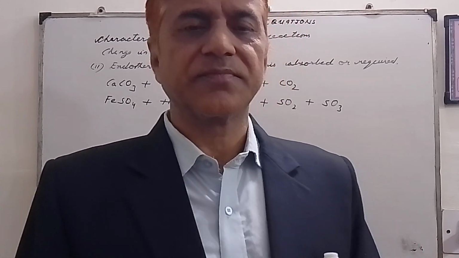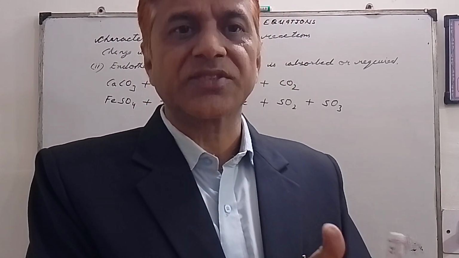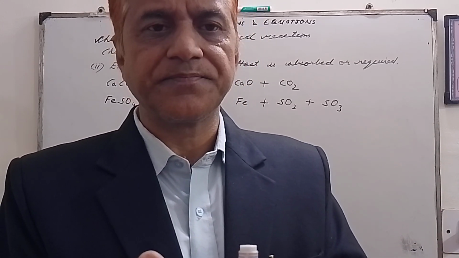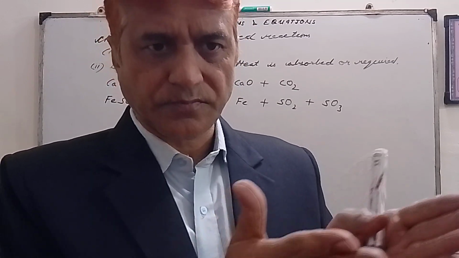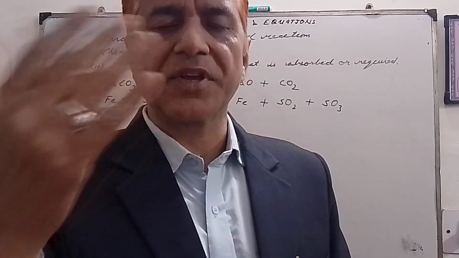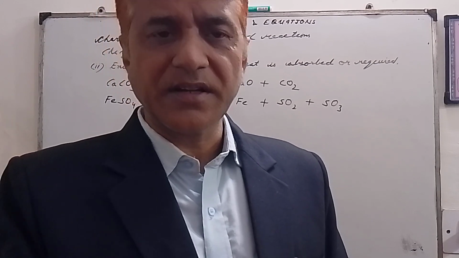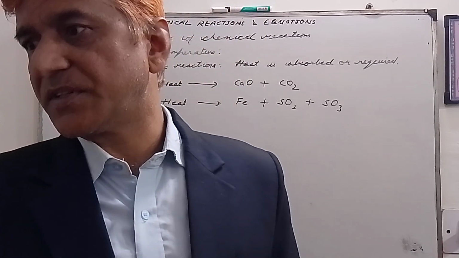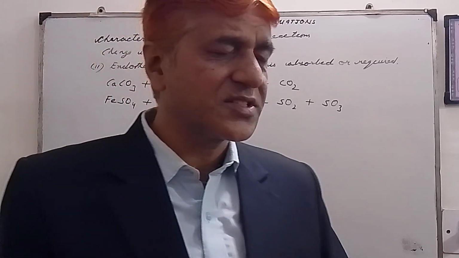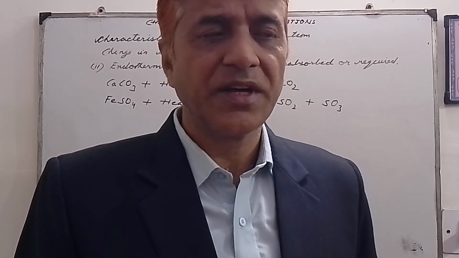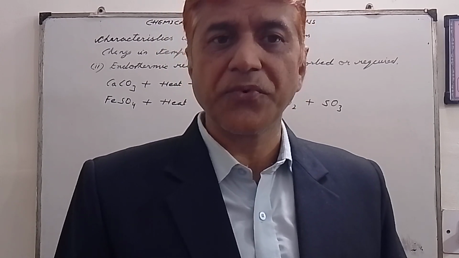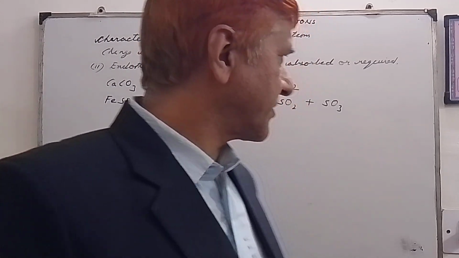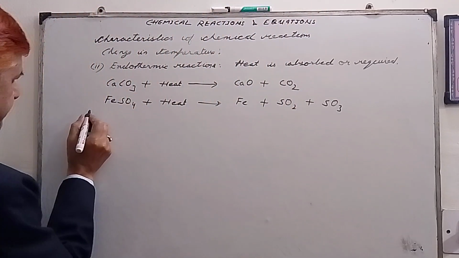In photosynthesis, carbon dioxide combines with water in presence of sunlight to give oxygen and glucose. Photosynthesis is a process by which plants make food for themselves.